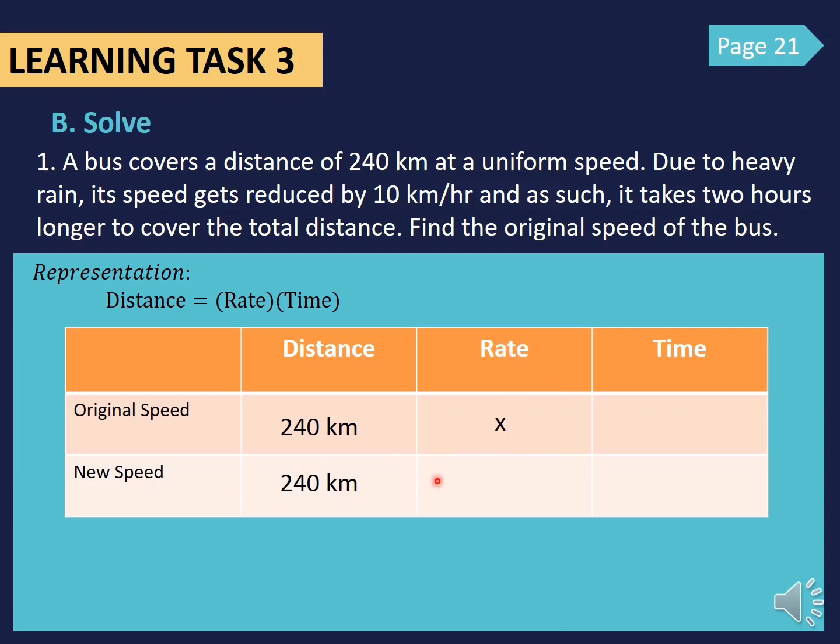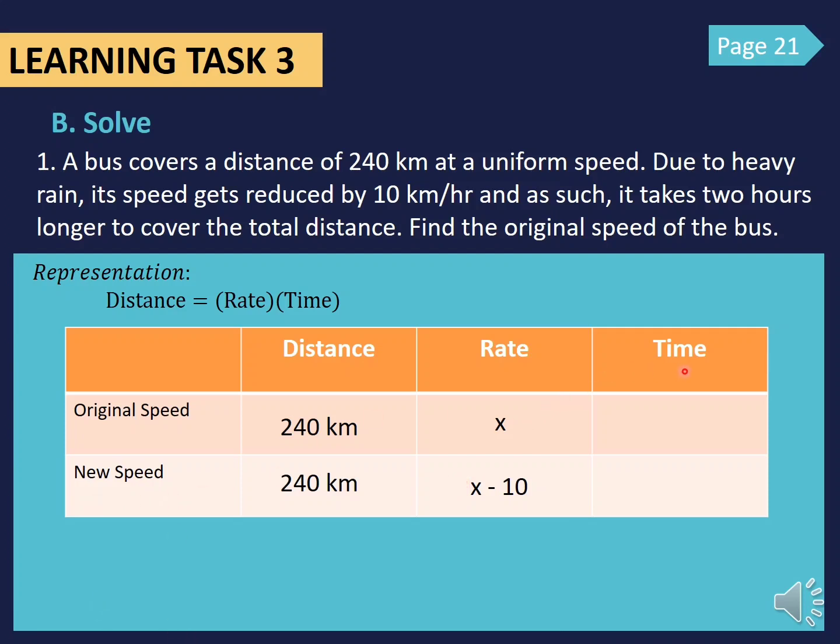So yung new speed natin, nabawasan siya ng 10. So x minus 10. And then for the time, it takes 2 hours longer to cover the total distance. Nadagdagan ng 2 hours after ma-reduce nung speed natin.